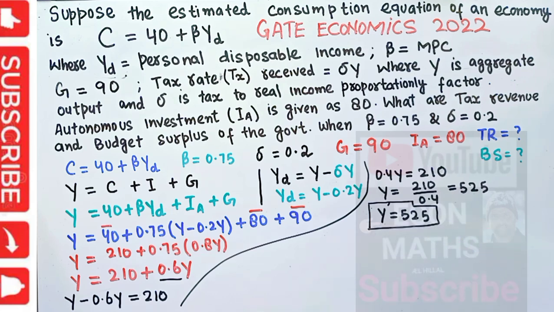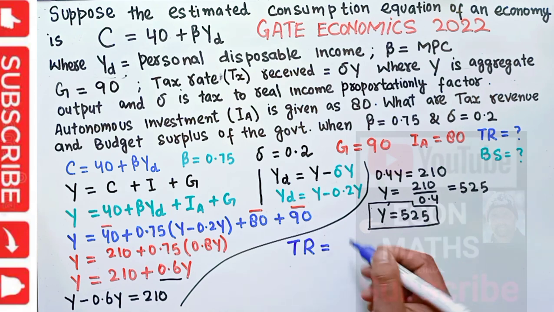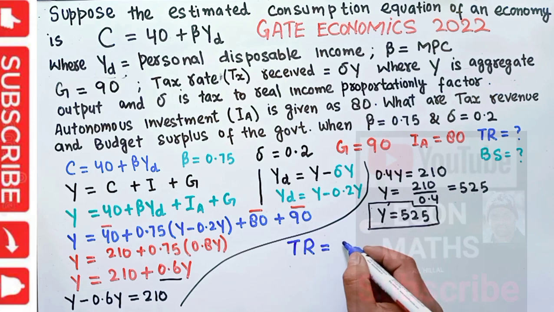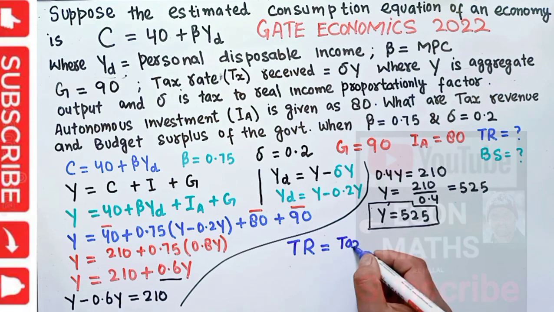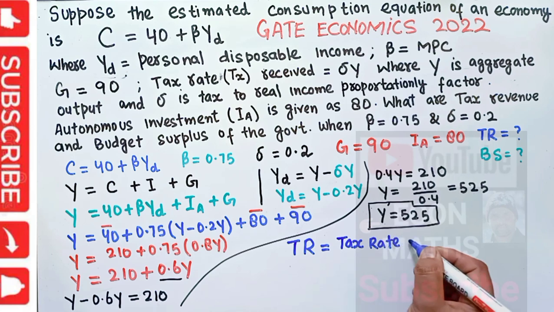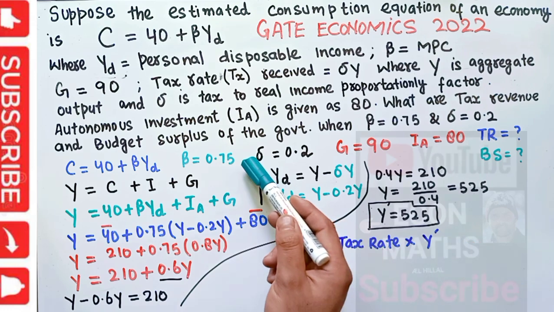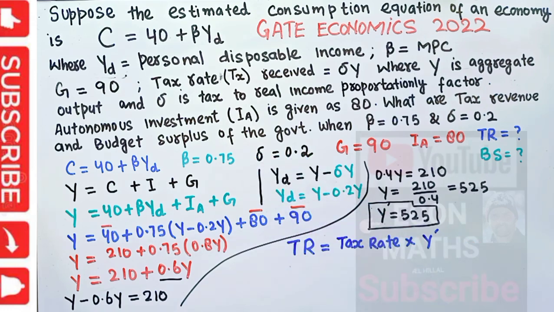Now we are being told to find out the tax revenue. What is tax revenue? Tax revenue is simply equal to the tax rate times the equilibrium level of income. The tax rate is denoted by delta here, which is 0.2.